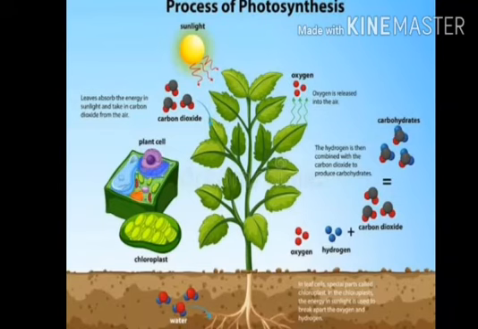As you studied in your lower classes, photosynthesis is a process where the plant uses carbon dioxide, water, sunlight, that means solar energy, and the energy organelle chloroplast. There the food is synthesized. The food name is starch. We get energy from starch.